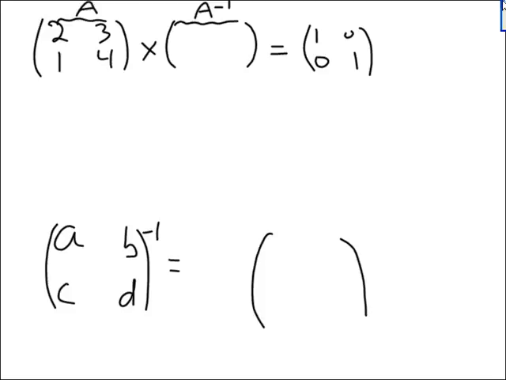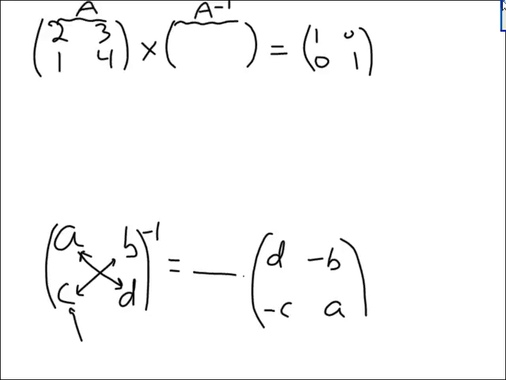Well, the first thing you do is you interchange these two numbers. The D's up here, the A's down there. And then you keep the numbers in the B and the C location in the same location, but you change their signs. B becomes negative B, and C becomes negative C. And then one last thing.